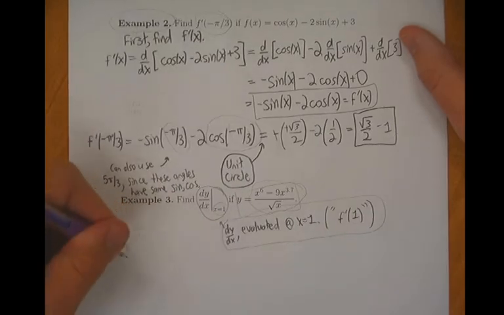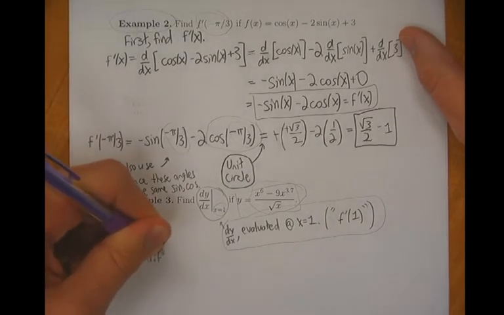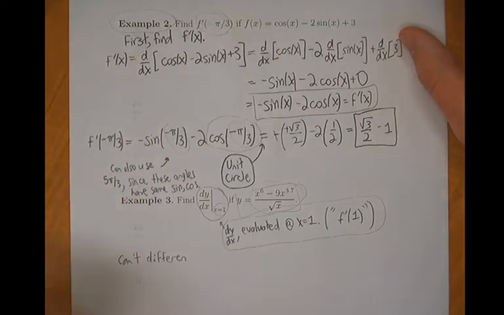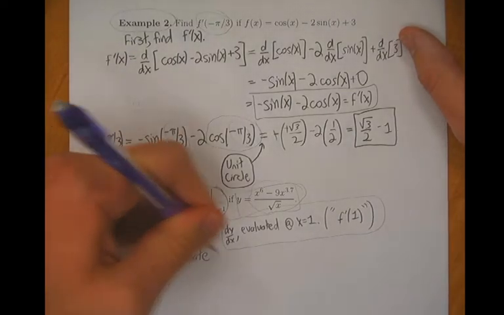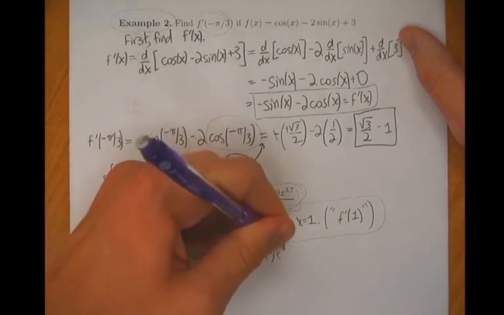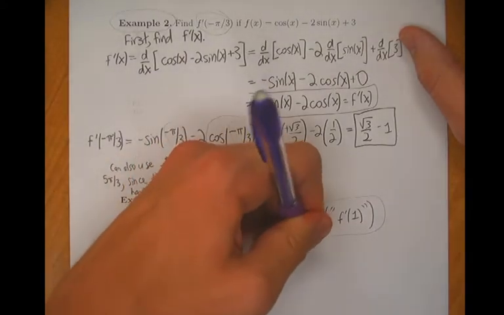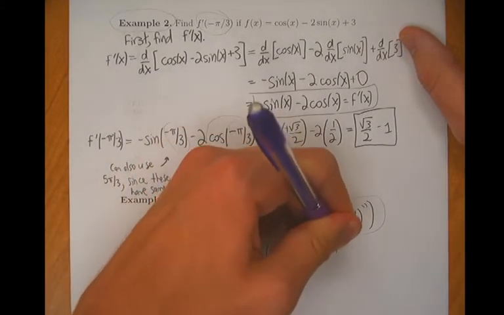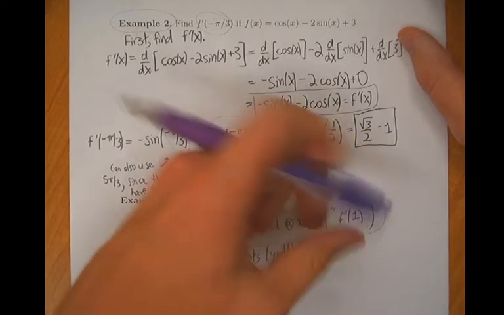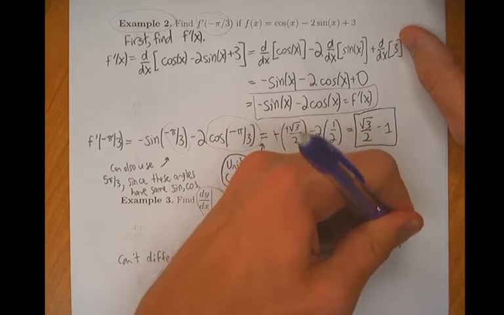So, we can't differentiate quotients, and I'll say yet, because there is a thing called the quotient rule that we'll see next Monday actually. So simplify y first. Okay?